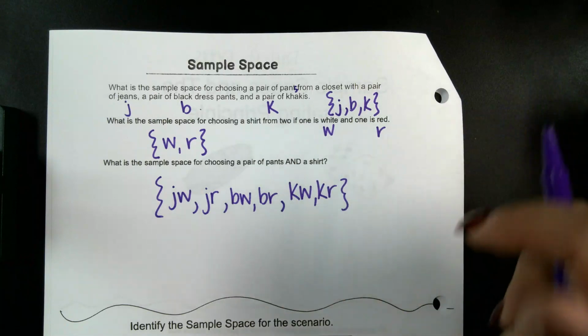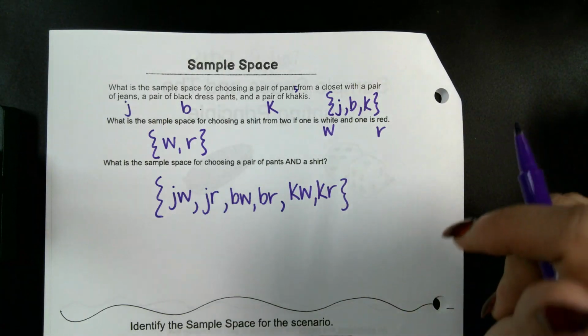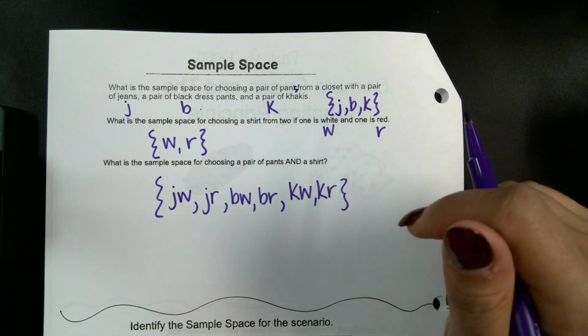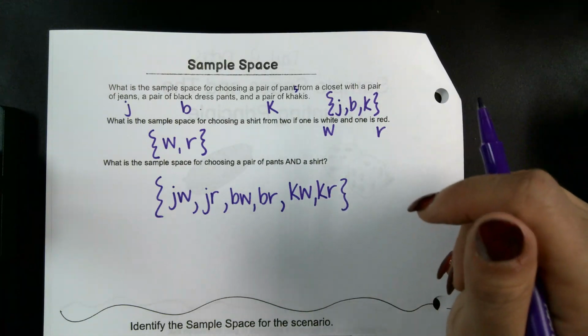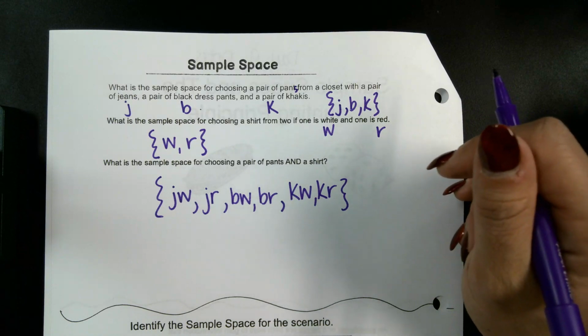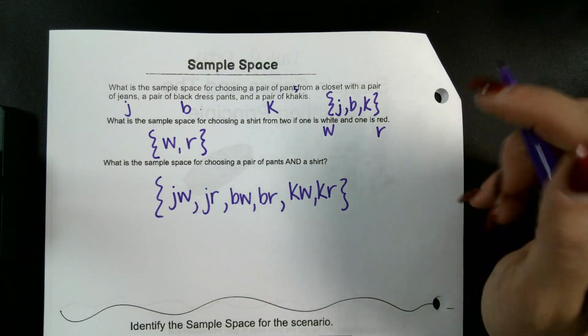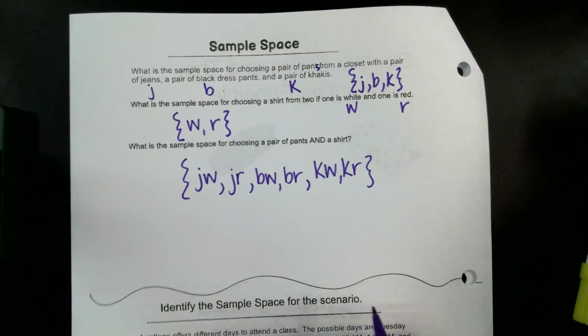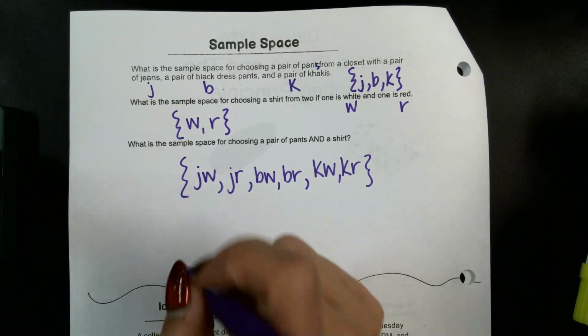You okay with that? I bet somewhere back several years ago when you first learned how to do something like this, you made some kind of little diagram. It wouldn't have been a T-chart.